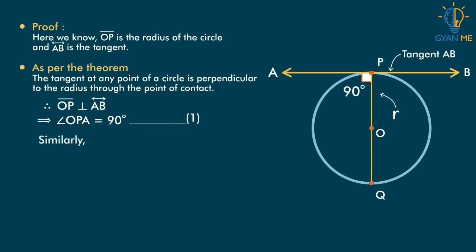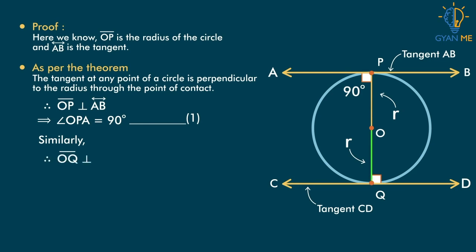Similarly, we can see radius OQ will be perpendicular to tangent CD at point Q. Therefore, OQ is perpendicular to CD. This implies angle OQD is equal to 90 degrees. This is our statement 2.